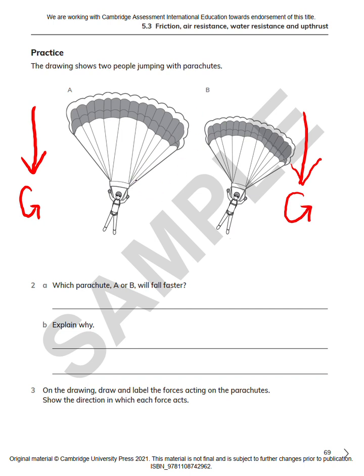For the air resistance, this parachute will receive a higher air resistance, and I'll just call that AR. But this person receives less air resistance, so he is going to get a smaller arrow. There. So that's question 3 finished.